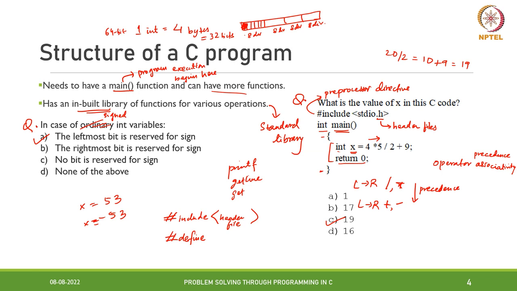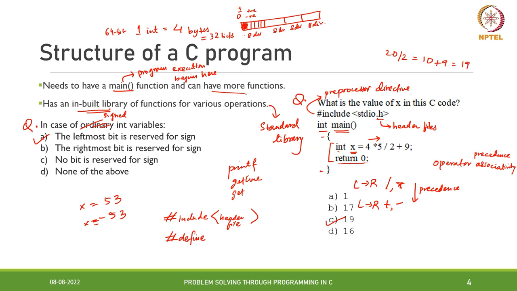Of course, it will be stored in 0 and 1. I think 0 means it's a negative value, and 1 means it's a positive value. But I would prefer if you check this on the internet. So the leftmost bit is reserved for the sign in case of signed integer variables.